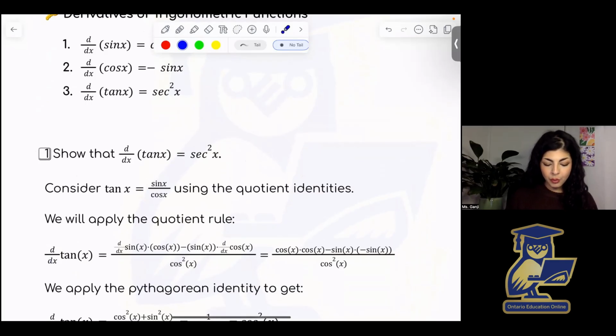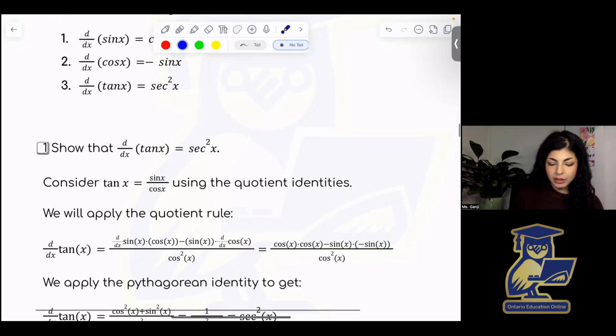And this tells me to find the derivative of sine x times cosine x, and then take away sine x times the derivative of cosine of x. And in the denominator, we just have cosine x squared. Now, the derivative of sine of x is cosine of x, and the derivative of cosine of x is negative sine of x.